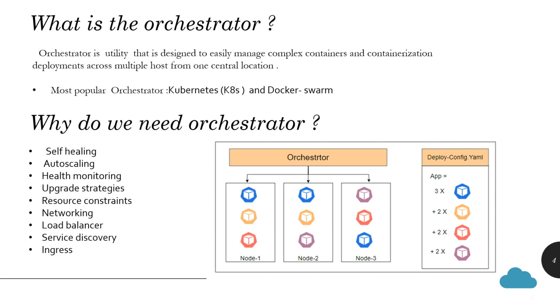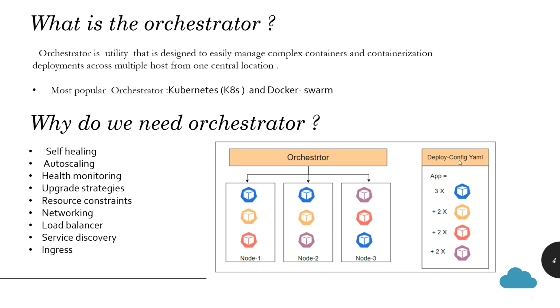We can upgrade the application, and it will maintain load balancing between the components, plus the ingress component. We can discuss all these features in the coming sessions. Basically, we give one file describing how many apps or services are required to deploy our application.